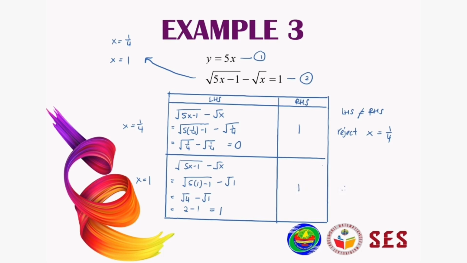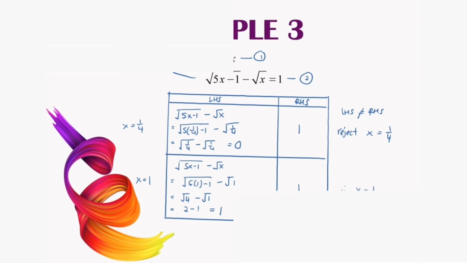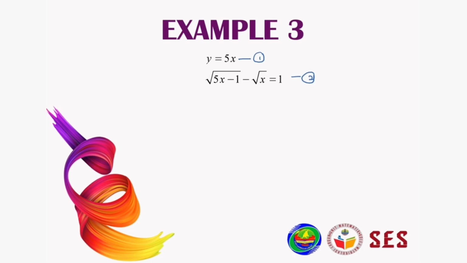Therefore, the correct solution for equation number 2 is x equals 1. Now, we find the value of y from equation number 1. Since we have y equals 5x, and we replace x with 1, we have y equals 5. So for this example, our solution is x equals 1 and y equals 5.